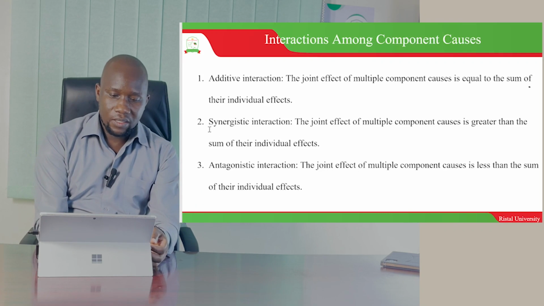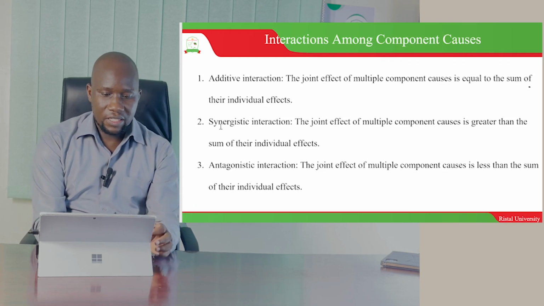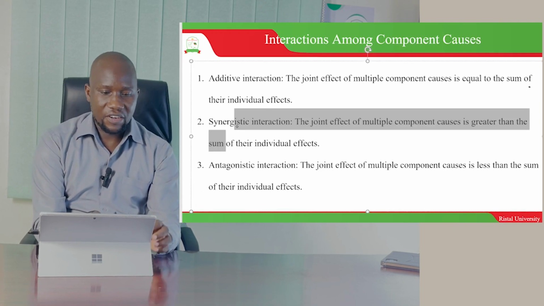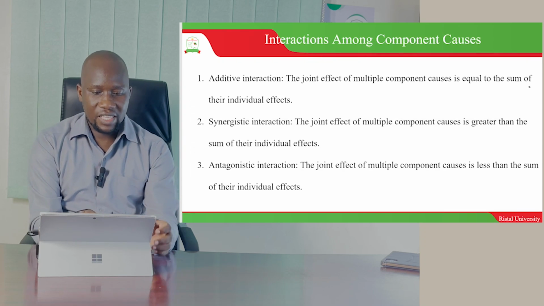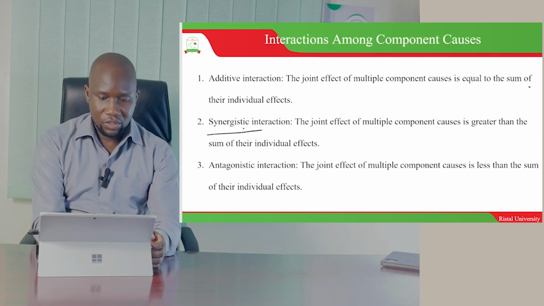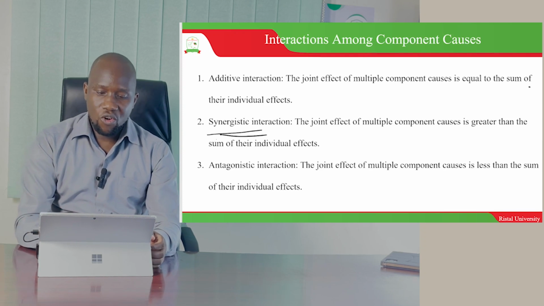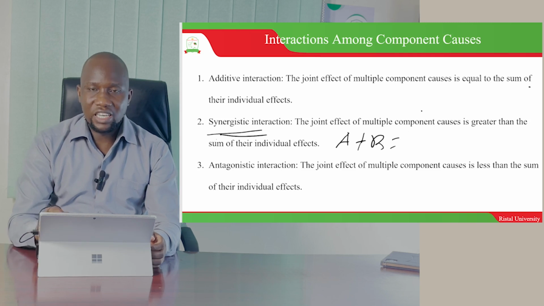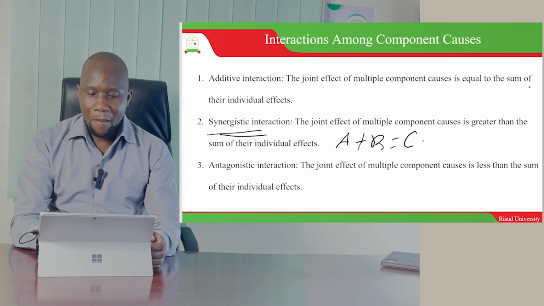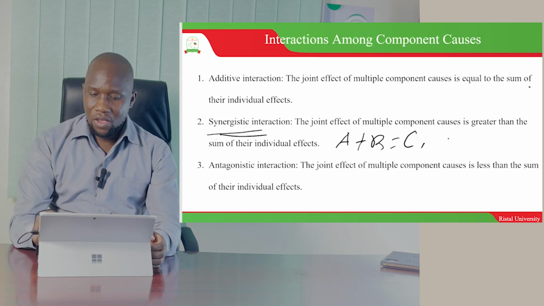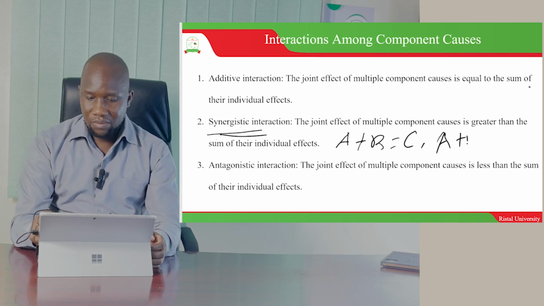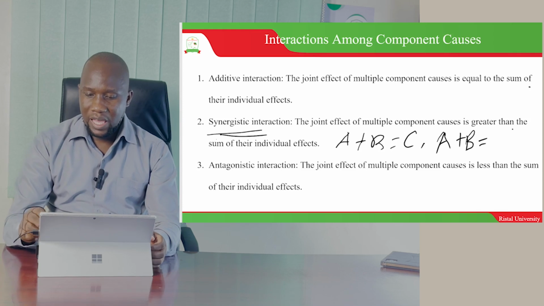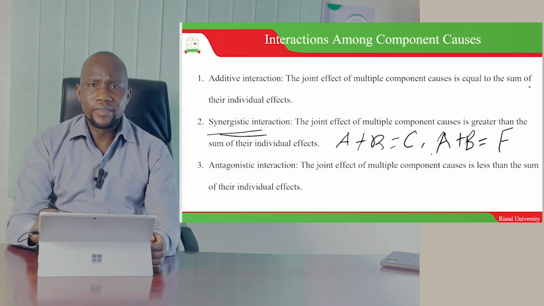And that is what you call synergistic interaction. You have a synergy. When you combine A plus B, assuming technically you're supposed to get C, but in a synergy, if you combine A plus B, you get F, which is bigger.